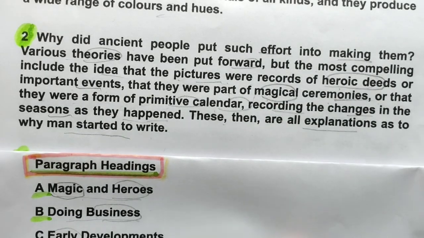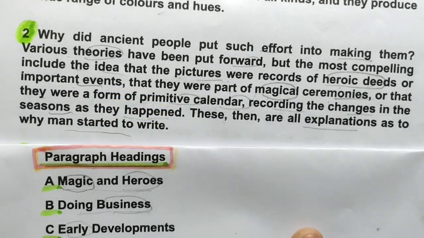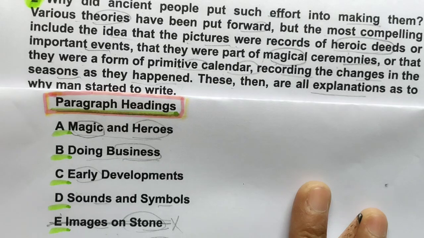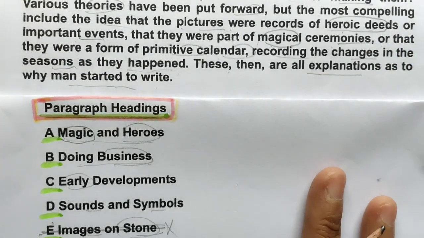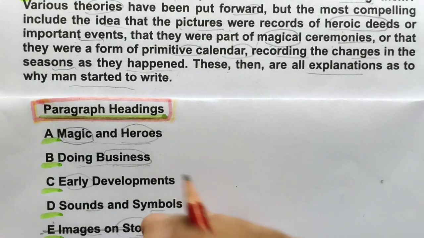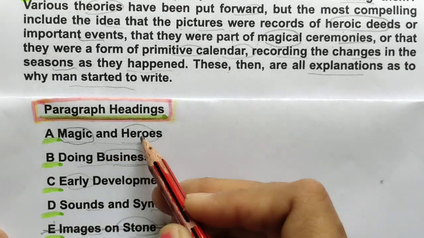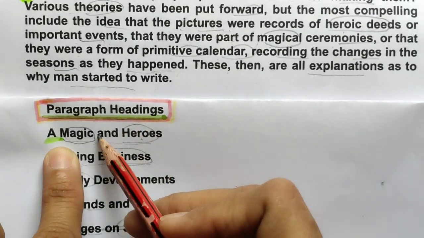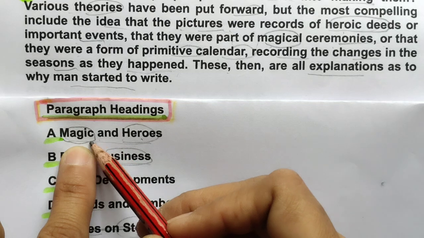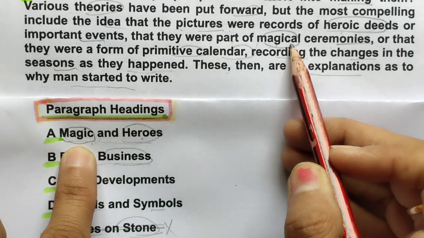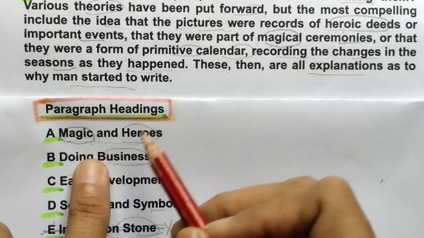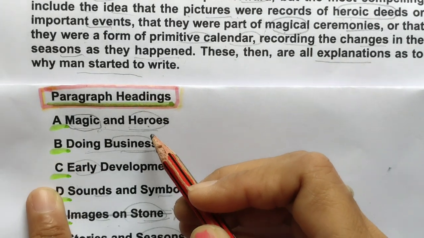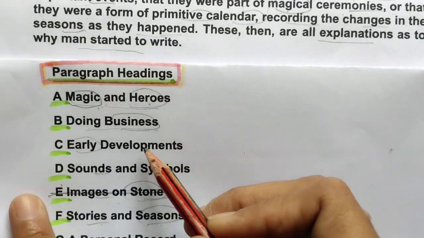Okay, let's read the options and then you decide. Magic and heroes, magic and word. Magic is there, magical ceremonies is there, but heroes, they are talking about heroic deeds. But yes, we can consider it, but let's read the others also.